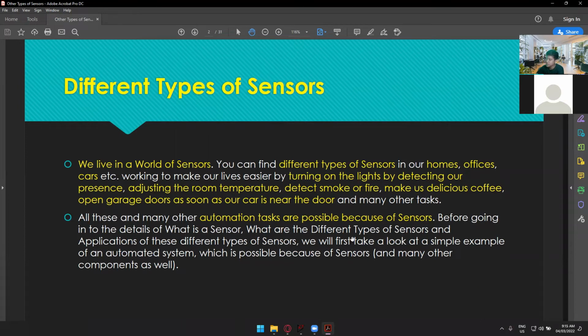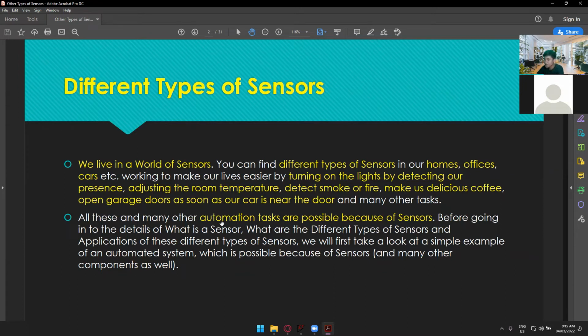we will first take a look at a simple example of an automated system: what is the most benefit or use of sensors, and why do we have sensors? That is because of this technology: automation.